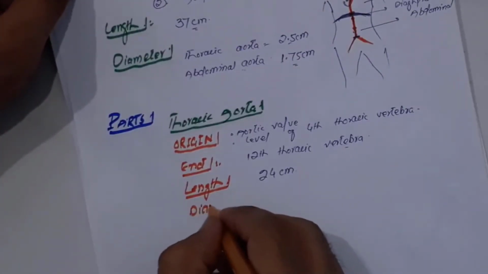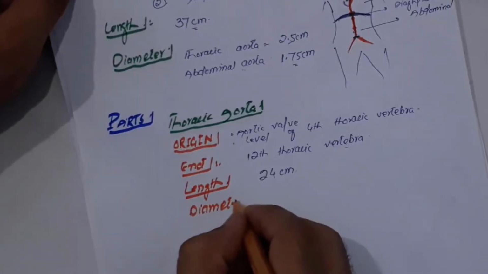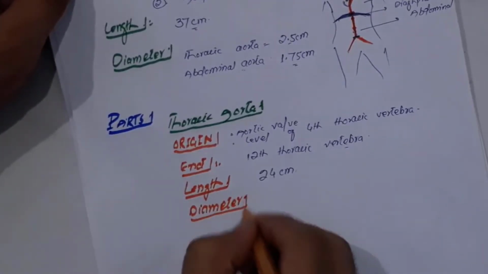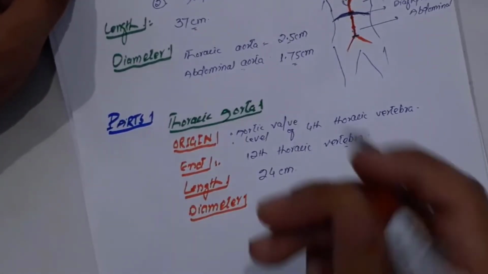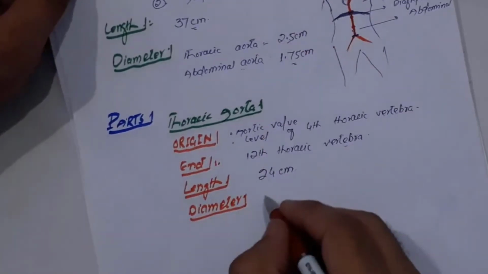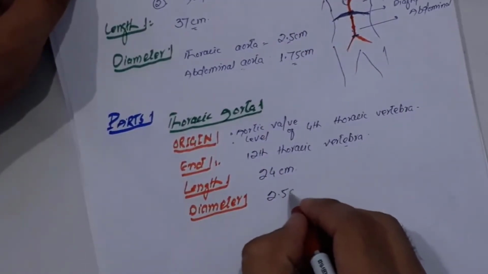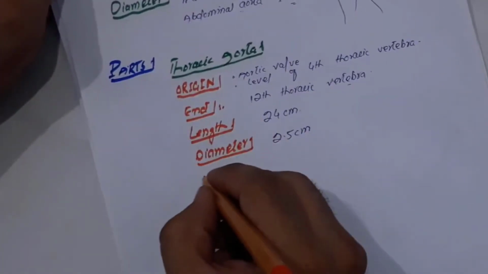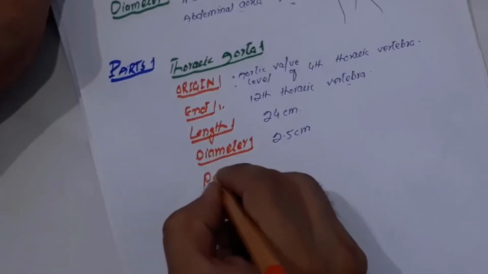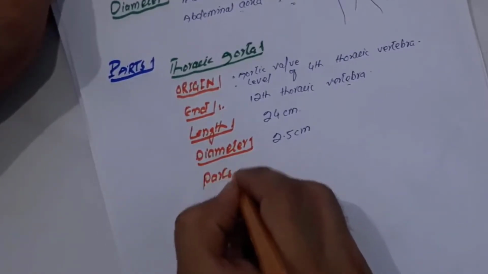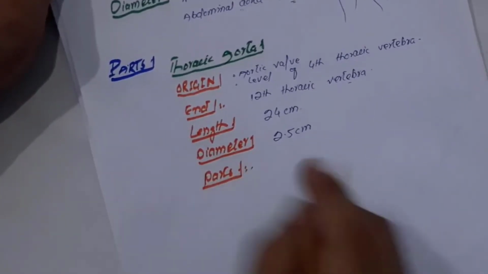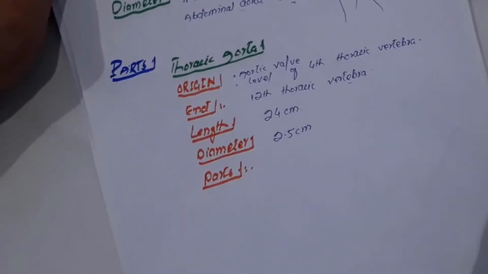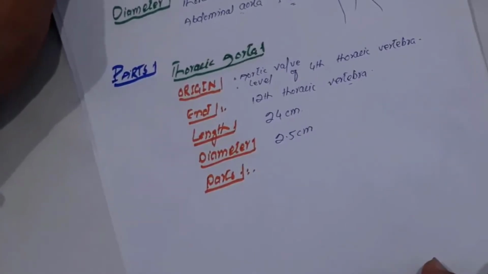That is, what is the diameter of the thoracic aorta? The diameter, as I have mentioned here, is about 2.5 centimeter. And what are the parts of the thoracic aorta? Right, this is an important thing. Our thoracic aorta has about 4 important parts.